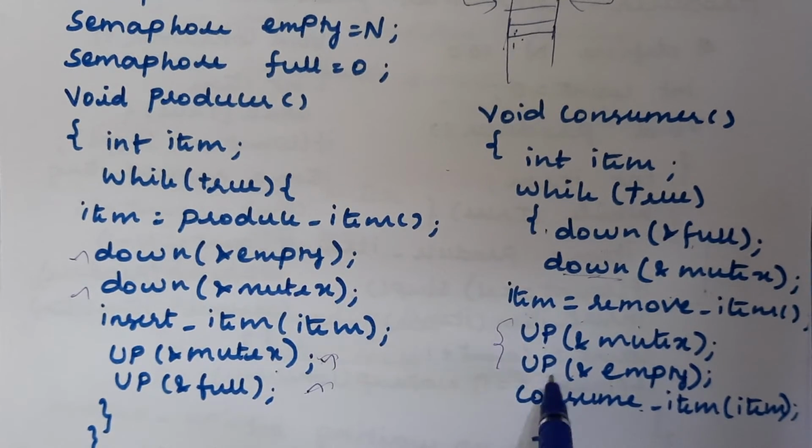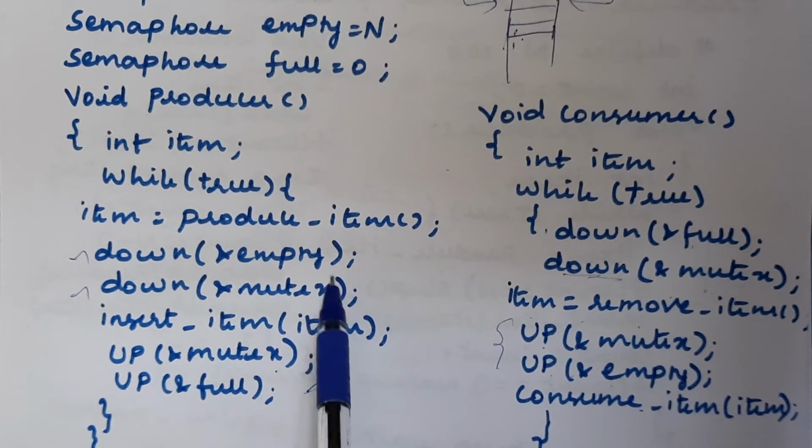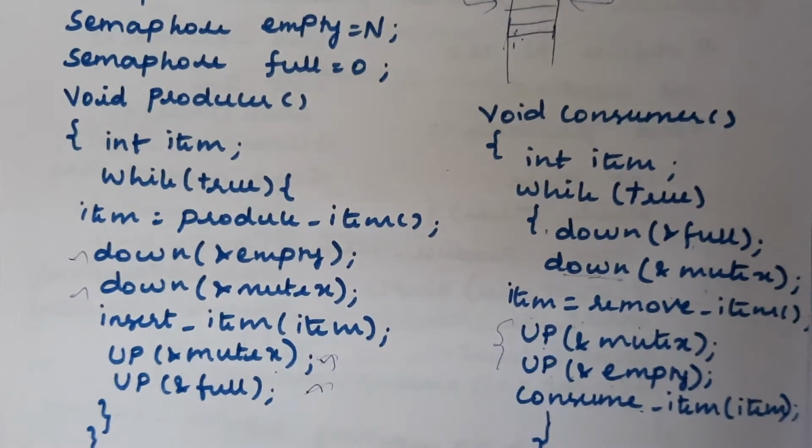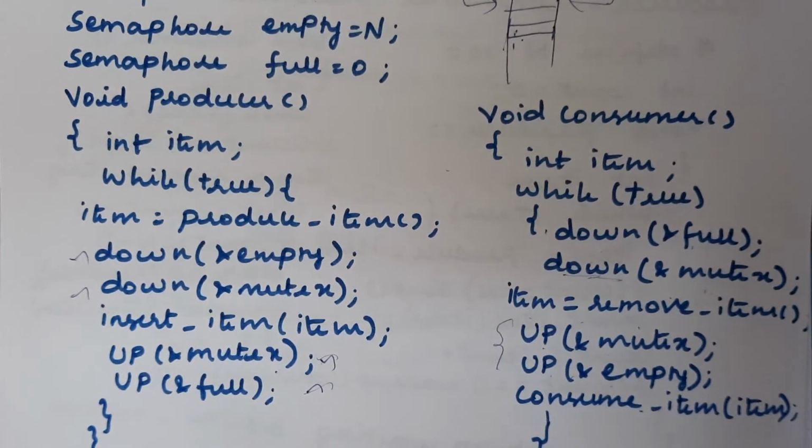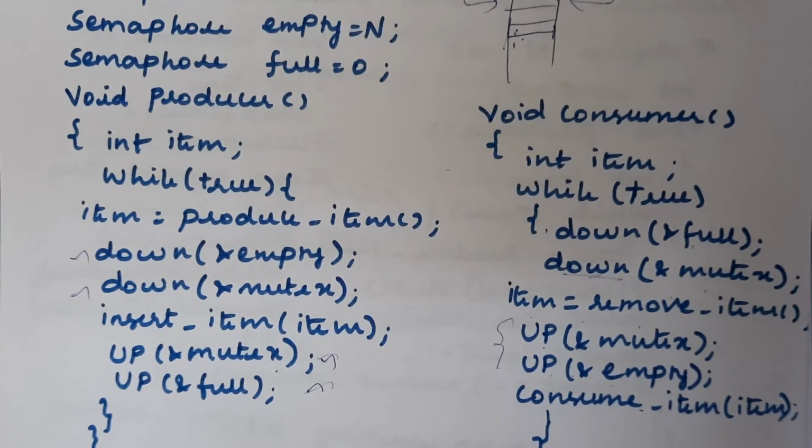By this, a sleeping process can be woken up, resumed by the up operation. We do this repeatedly in both producer and consumer, and this is how we solve the producer-consumer problem with semaphores.